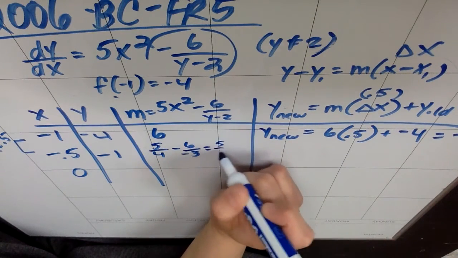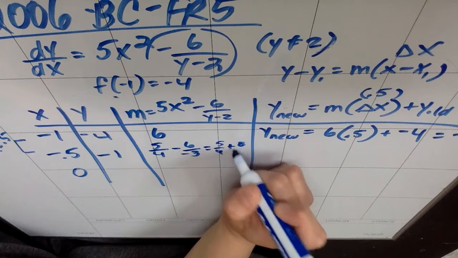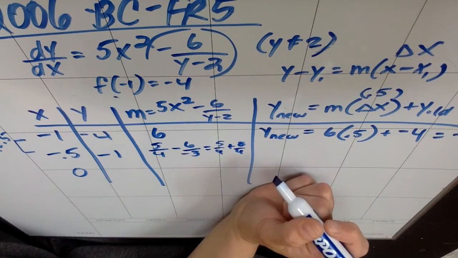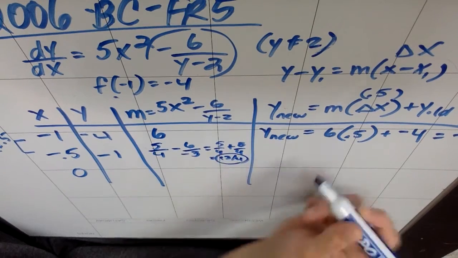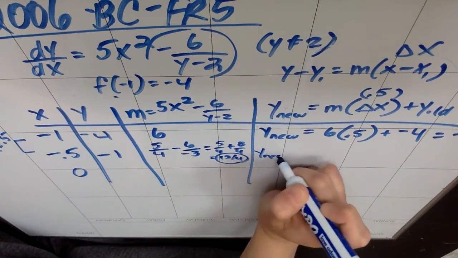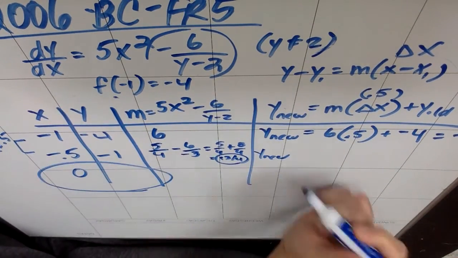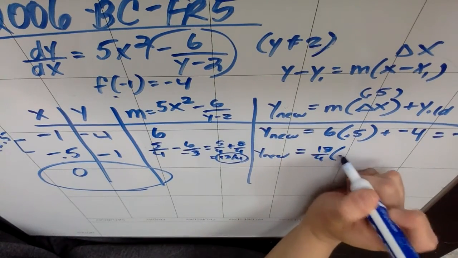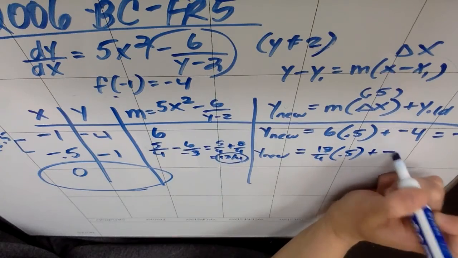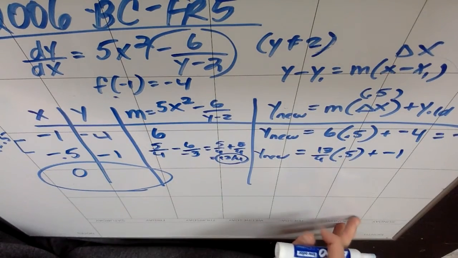So I get 5/4 plus 8/4. So I think I get 13/4, which is going to matter over here. So that means that my y new, which by the way is my final answer because that's the y value I want, is going to be my slope, which is 13/4 times my 0.5 plus my old y, which is a negative 1, right?